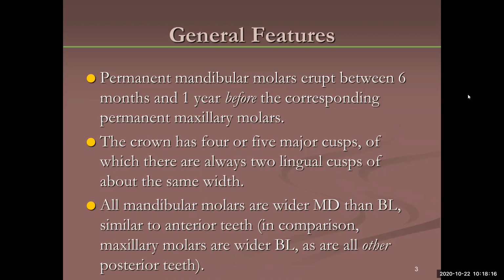So remember, on the maxillary molar, when you have 5 cusps, that cusp of Carabelli is on the lingual. On the mandibular molars, you always have just 2 lingual cusps. All mandibular molars are wider mesiodistally than buccolingually, similar to the anterior teeth. That's opposite of what the maxillary molars are.